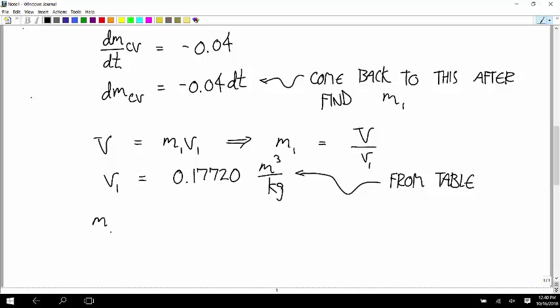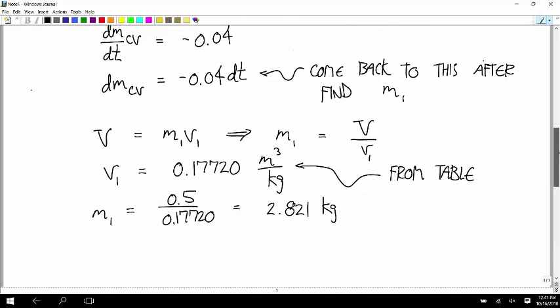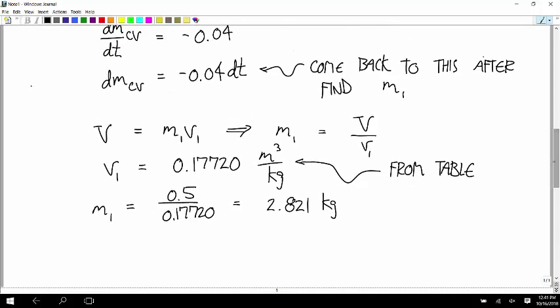And so the mass is 0.5, the total volume, divided by 0.17720. And what do you get for that? 2.821 kilograms. And now we can use this with this.